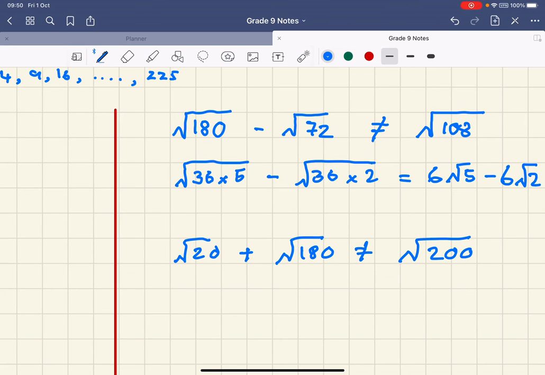Instead, we will simplify the root 20, which I think we've already done something similar to this. That's 2 root 5. And the 180, we've actually done it up here, this one here. So that's 6 root 5. Now we are allowed to add these 2 root 5s together, so that gives me 8 root 5.